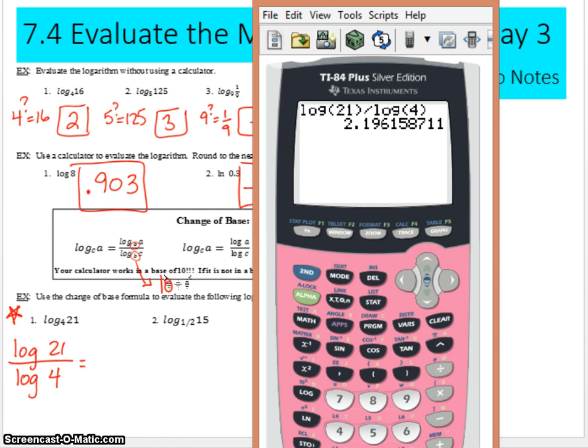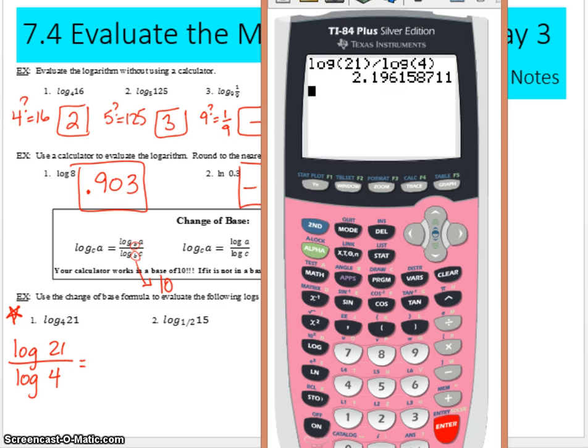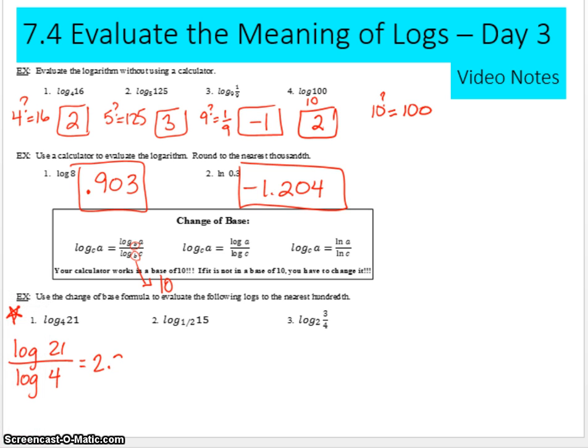Enter, and you get 2.196, and this says to round to the nearest hundredth, which is 2 decimal places, so this is 2.20. So 2.20 is your answer.